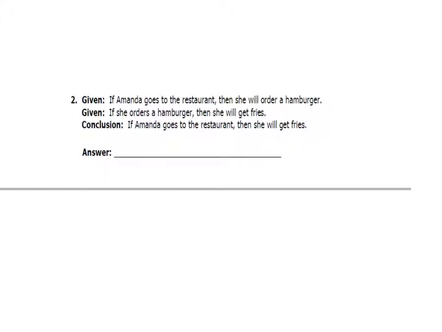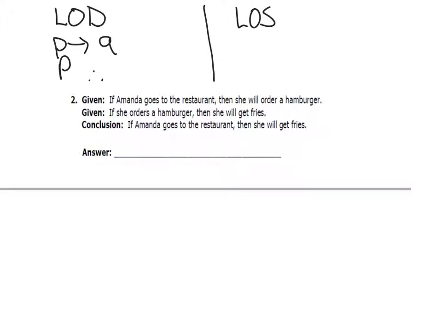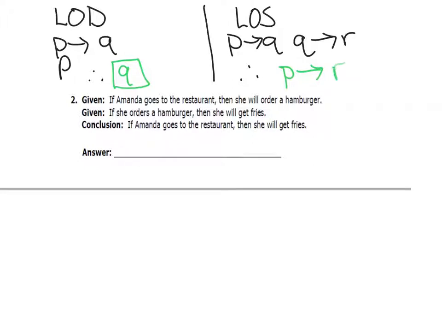Let's write down our laws at the top. We're going to do law of detachment, and the other one will be law of syllogism. So for law of detachment, we need P arrow Q, and then we need a P, and our final answer in green is going to be Q. If it works, the final answer is going to be Q. For law of syllogism, we need P arrow Q and Q arrow R, and if it's going to work, therefore, the conclusion is going to be P arrow R. What are we looking for?